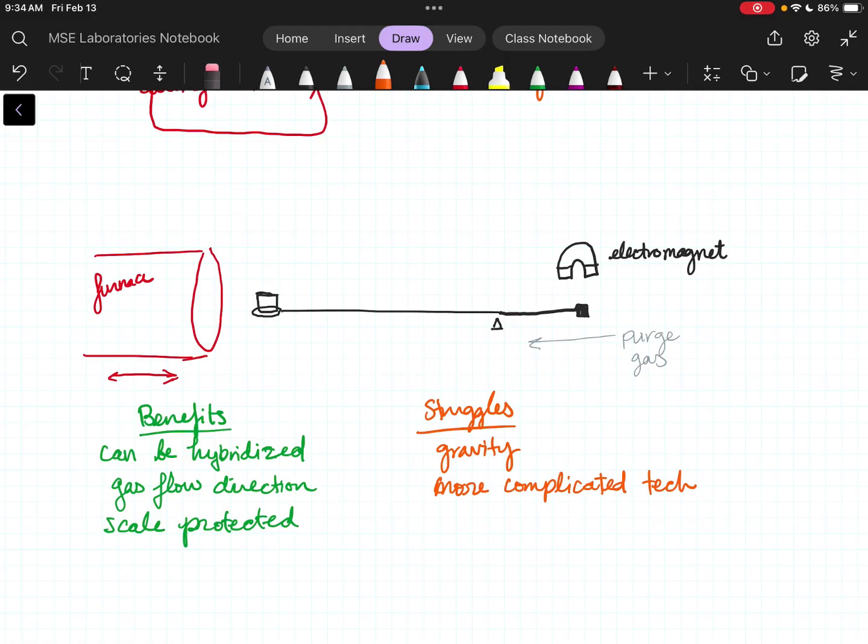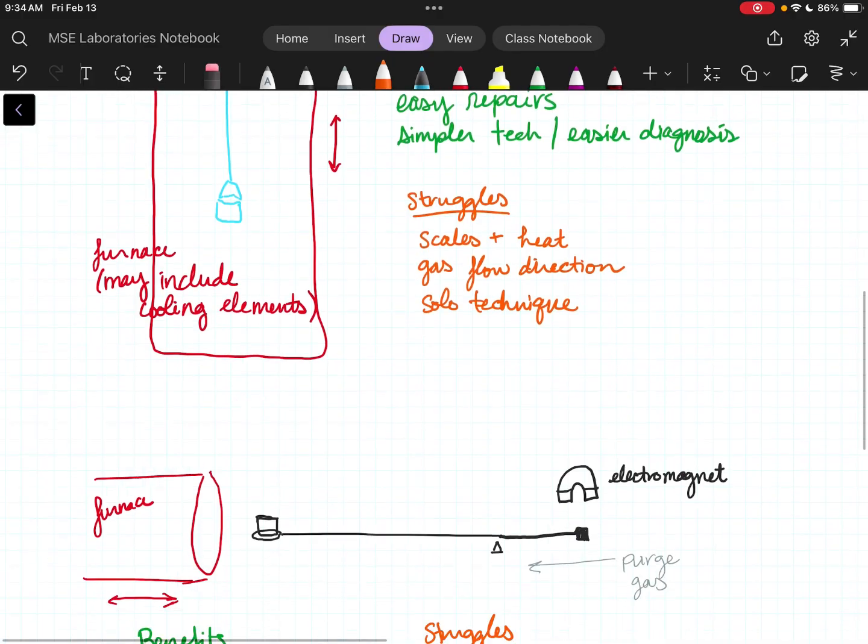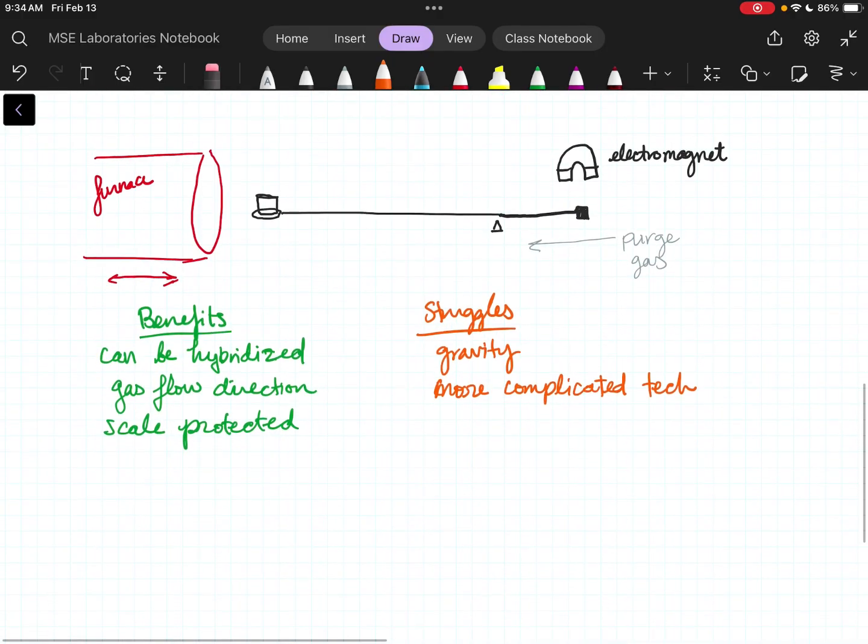And then it's a little harder to diagnose because there are physically moving parts, there are electrically moving parts, there's a lot more to it. Struggles: gravity.